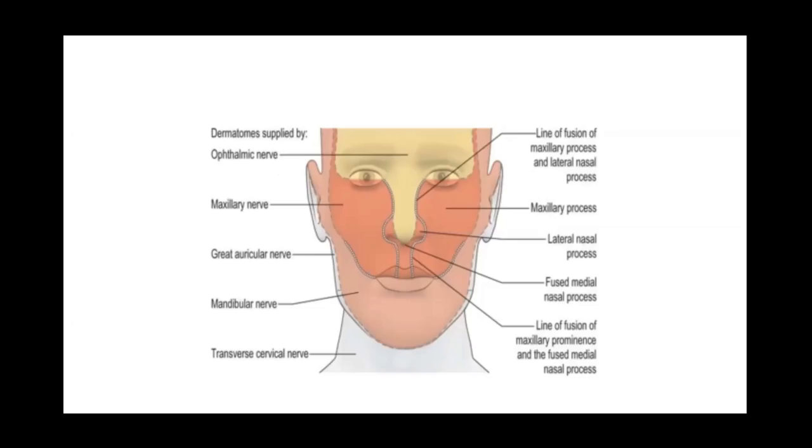Then you have these different areas which are produced by these different parts of these prominences, and the nerve supply which is related to it. So remember, again I repeat, the nerve supply arises because of the area from where it is developing.